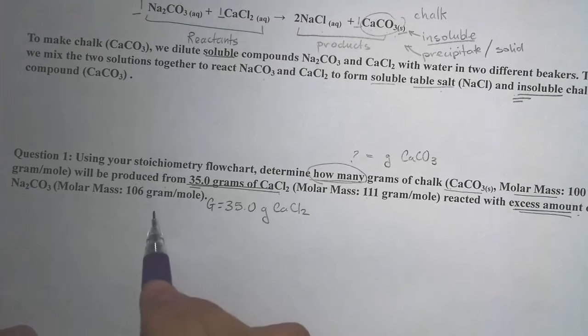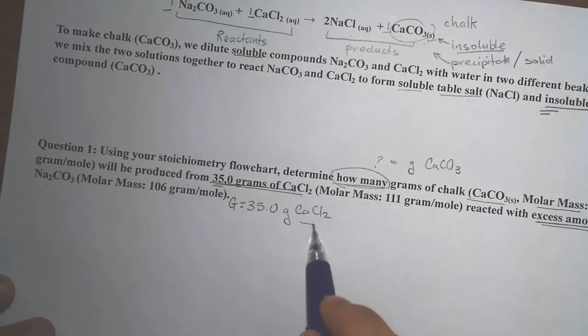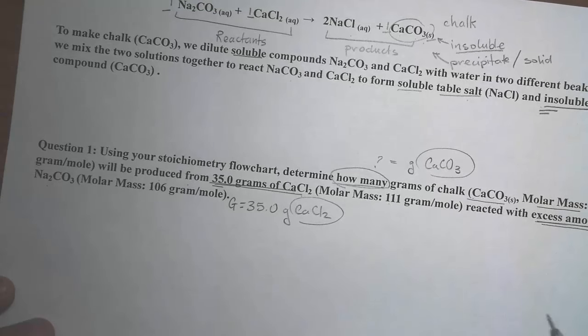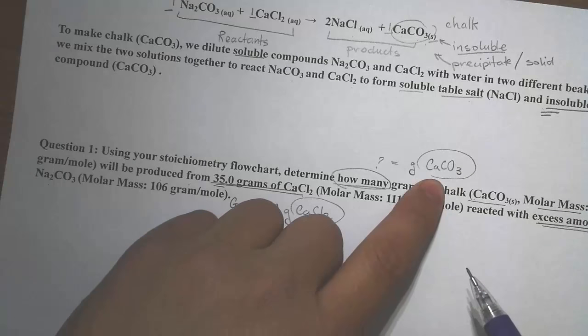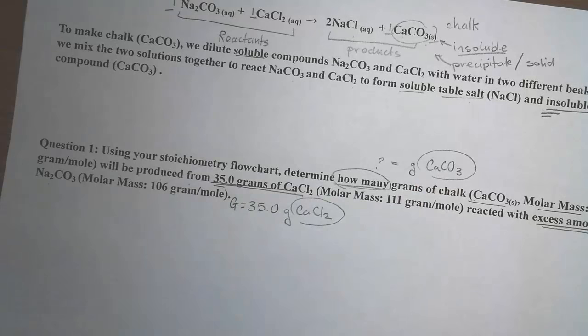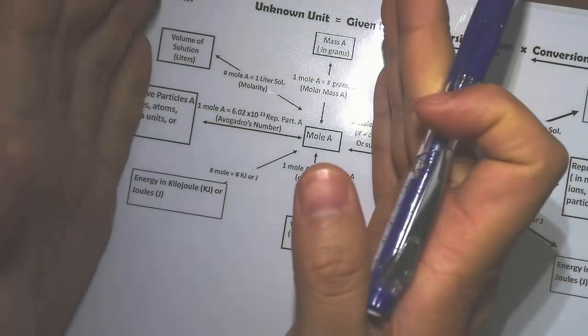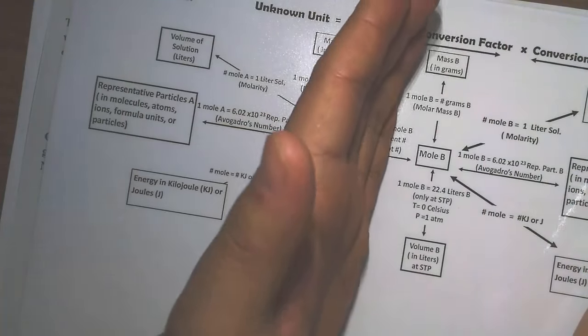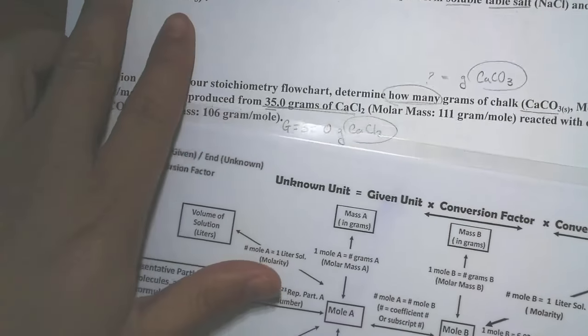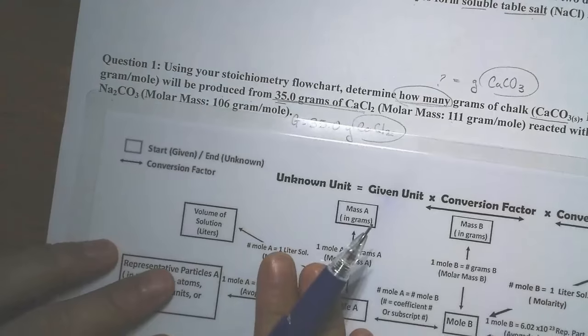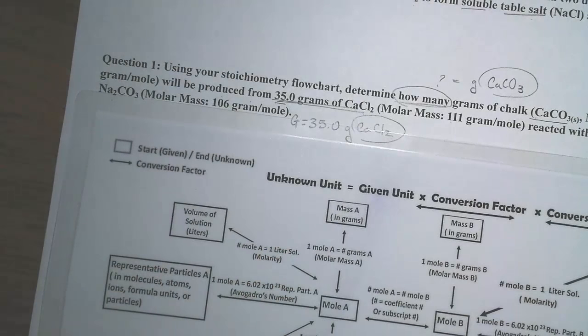And we can ignore the excess. So notice how the chemical is completely different: our given chemical is calcium chloride, our unknown chemical is calcium carbonate. So we cannot just stay on this side of the flowchart, we have to go to the other side. But where do we start? We always start from your given, which is always on side A, okay? So we start on side A.